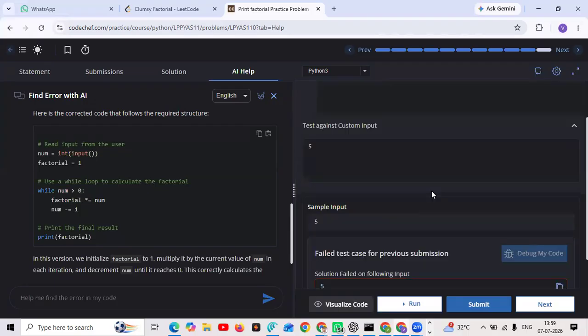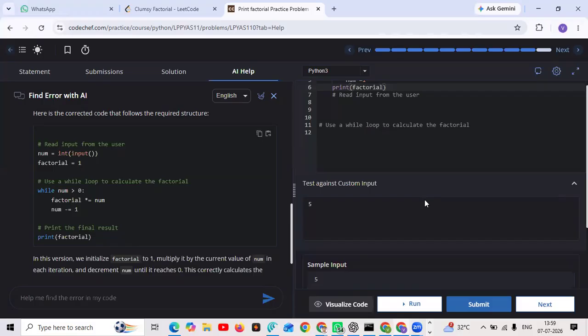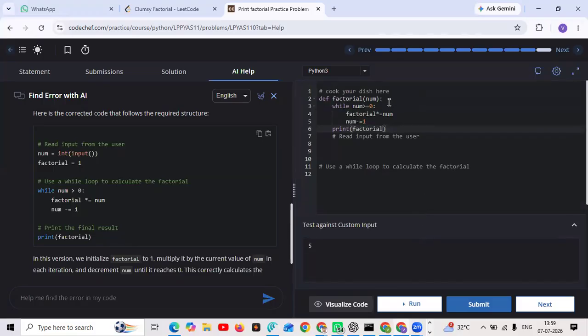Now, why is it failing? Maybe this is the reason that I was not providing the tab.